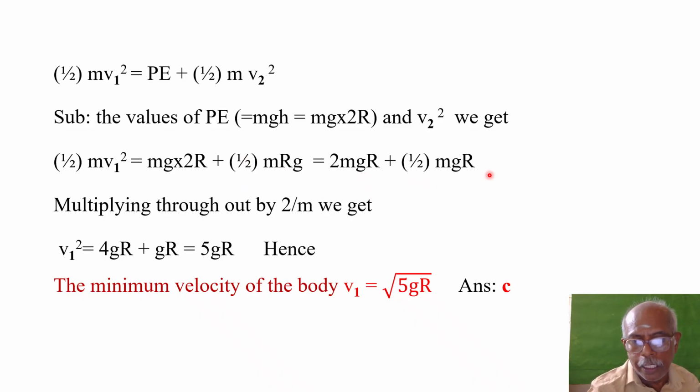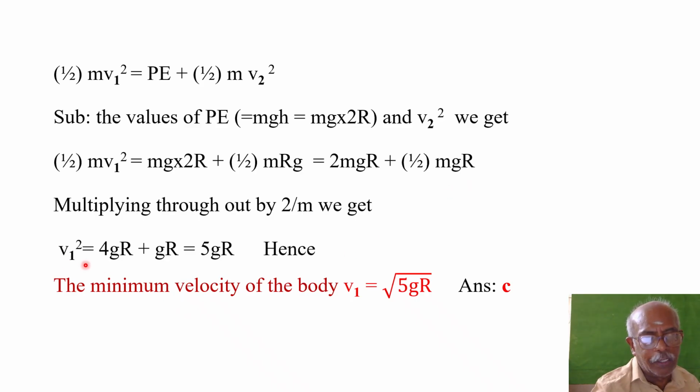So 2 mgr plus half mgr. Multiplying throughout by 2 by m, the 2 and 2 get cancelled, and m also gets cancelled. Only v1 square remains. Here, multiply 2 by m by 2 into 2, 4, m and m get cancelled, so 4gr. For the other term, 2 and 2 get cancelled, m and m get cancelled, gr.